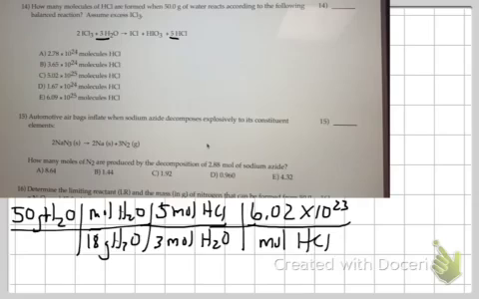And I'm getting 2.79 times 10 to the 24th. And that is then A. Let me double check to make sure 14 is in fact A, and that is in fact A.